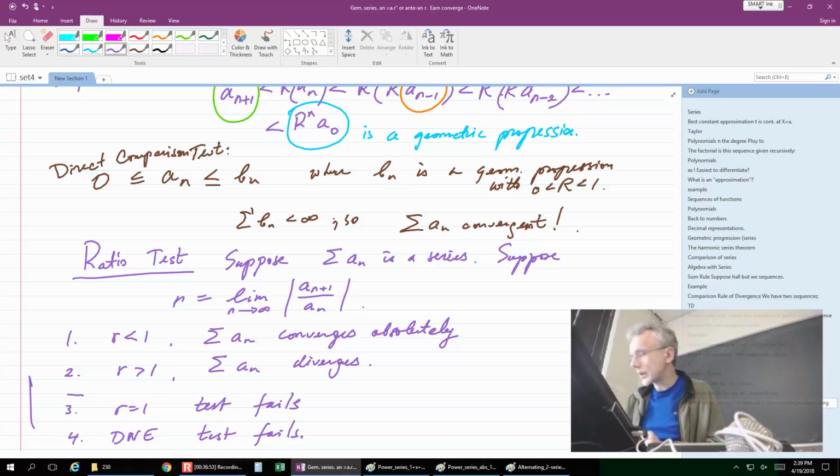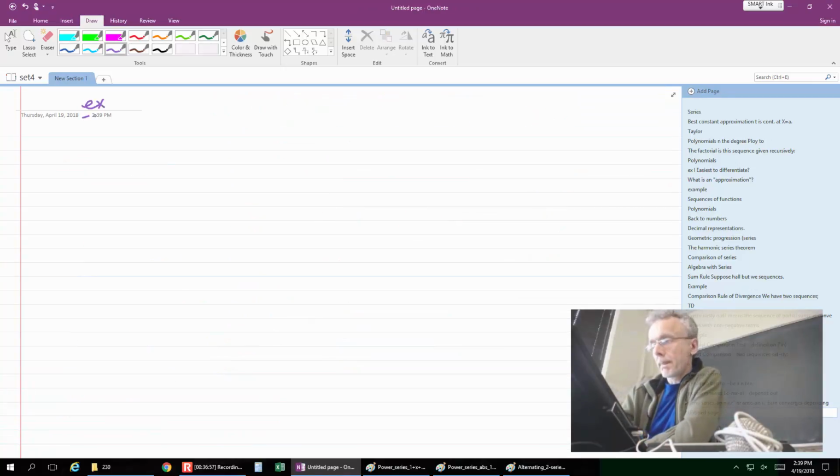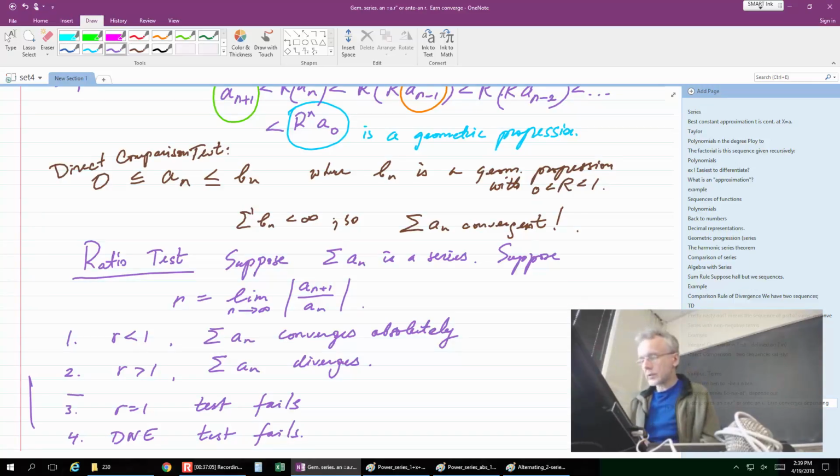So here's an example. What happens when you try to form this ratio? You hope some simplification will happen. These simplifications happen especially easily when you have powers and also when you have factorials.